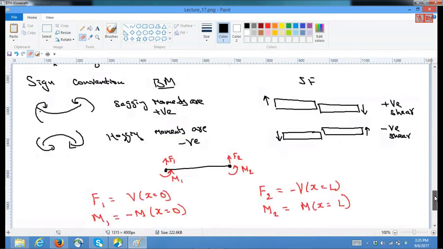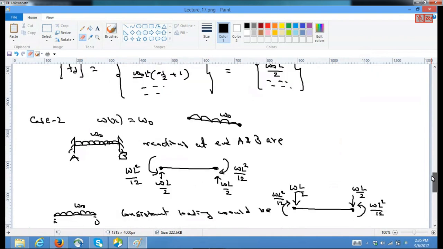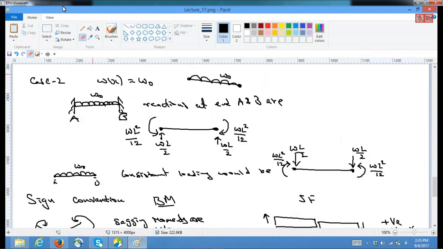So this is the consistent loading, the actual thing we have to use.